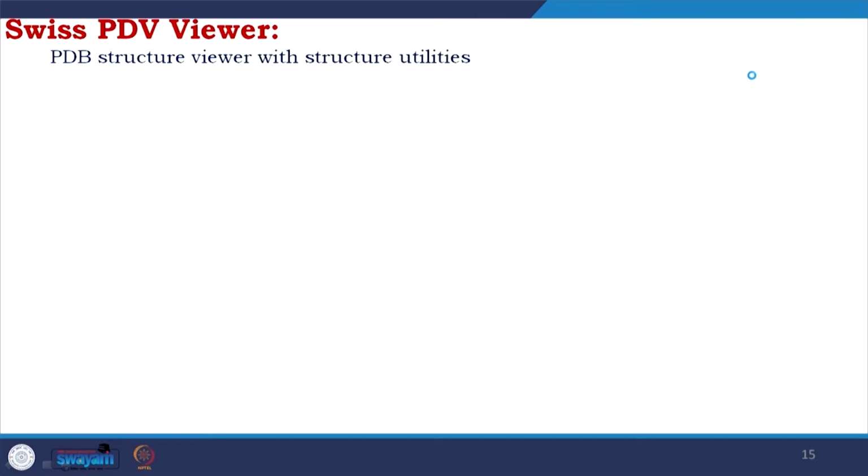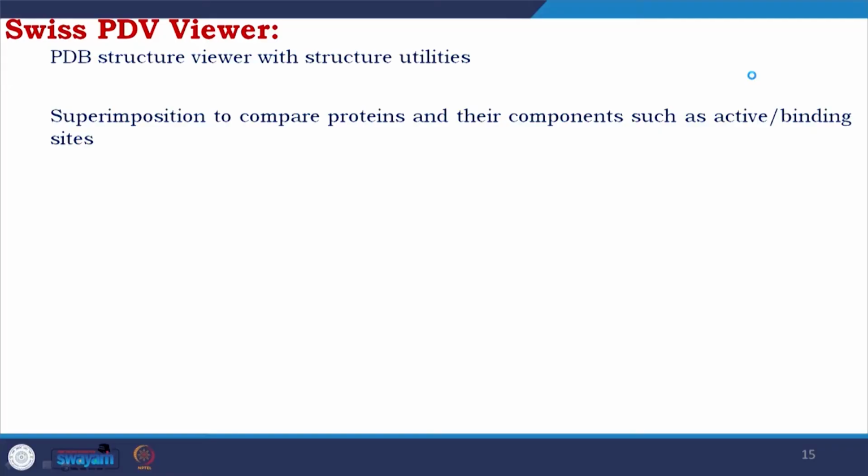Swiss PDB Viewer, the PDB structure viewer with structure utilities. Though I told most of them are molecular viewers, Swiss PDB Viewer also has facility of modification. Superposition to compare proteins and their components such as active binding site, these are available.